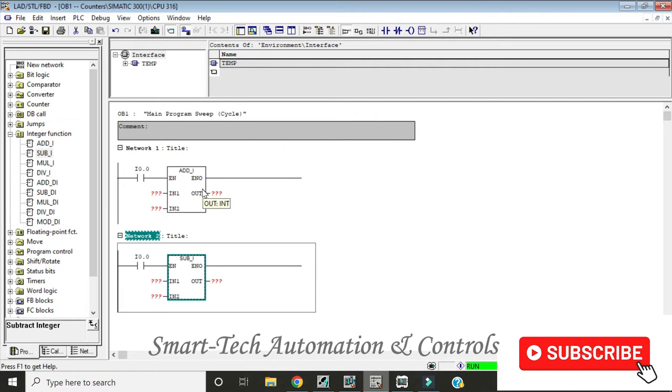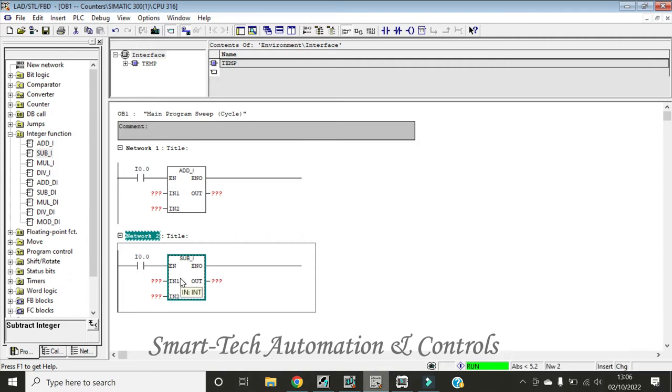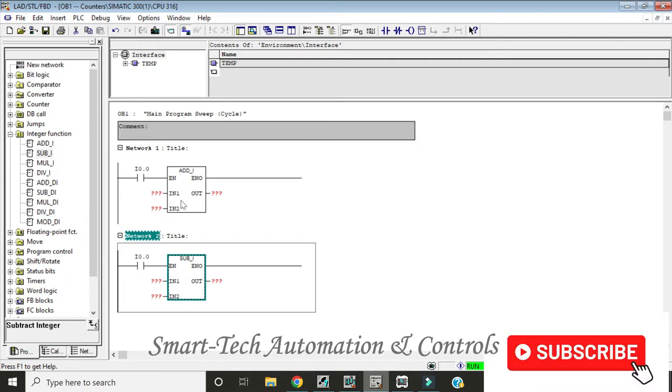Both blocks have input 1, input 2, and an output. At the inputs, this is where you put the values that you want to either add, subtract, multiply, divide. Then at the output, this is where you get the answer or the result of that arithmetic operation.